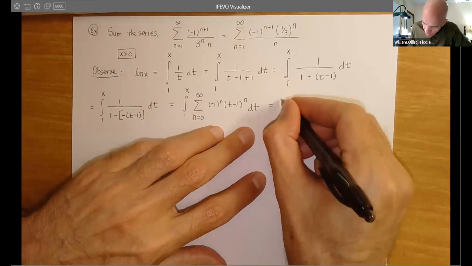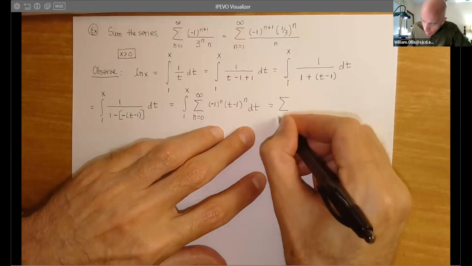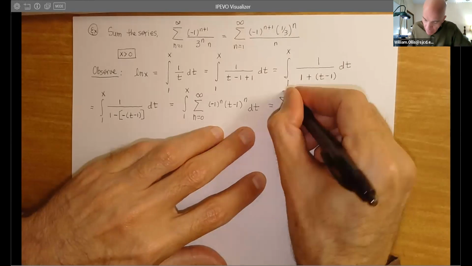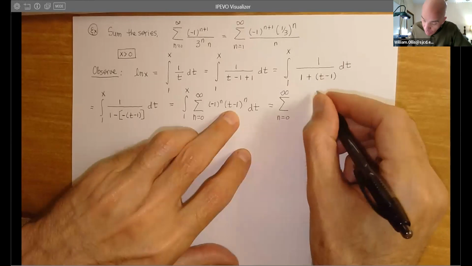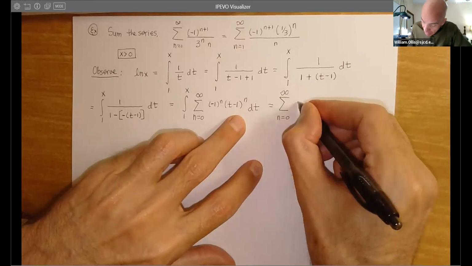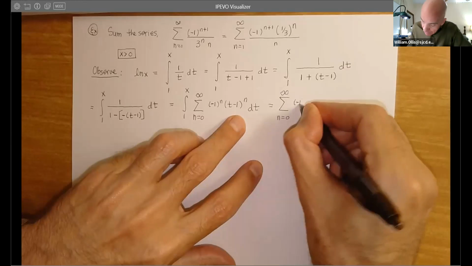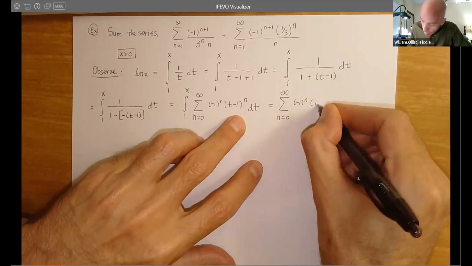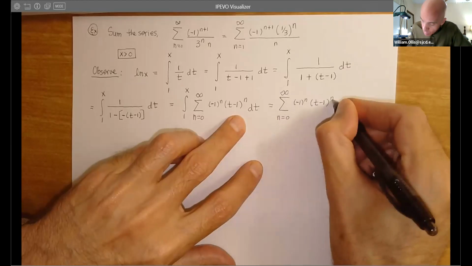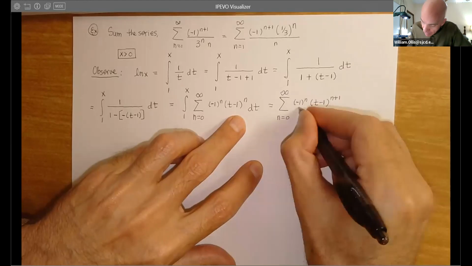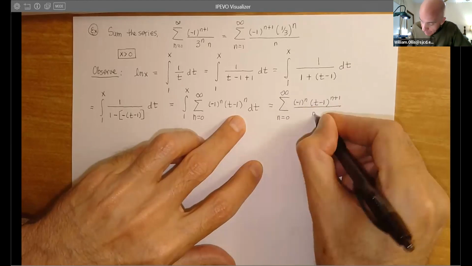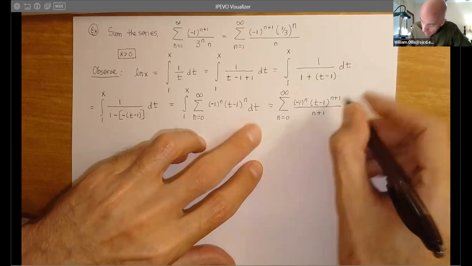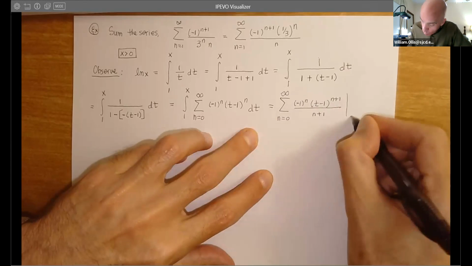So we get the series, just like we did with the derivatives. We add 1 to the power and divide by the new power. So we get -1 to the n, t minus 1 to the n plus 1, divided by n plus 1, evaluated from 1 to x.